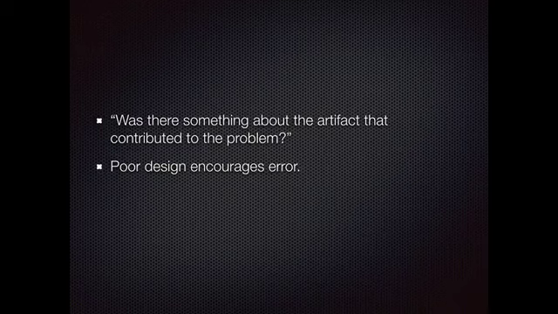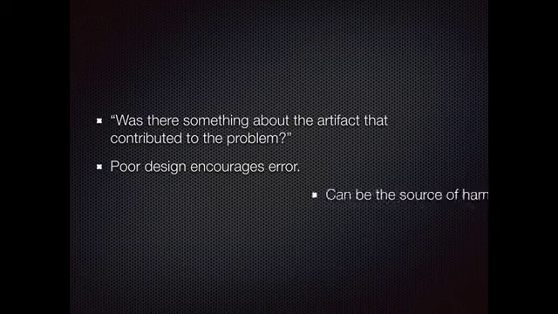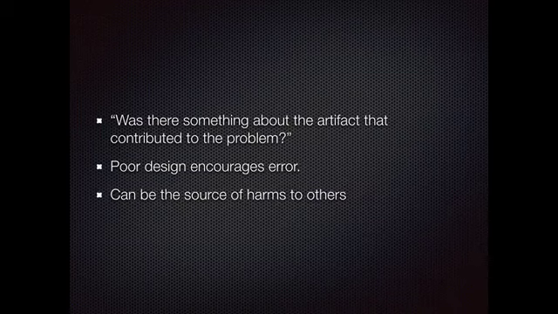Was there a small part of the artifact? Was the design as a whole a very bad design? Does it encourage error? It's not just one aspect of the artifact or one aspect of the design, but the entire design which provokes error. And once we look at that, we know that the artifact can be the source of harms to others.